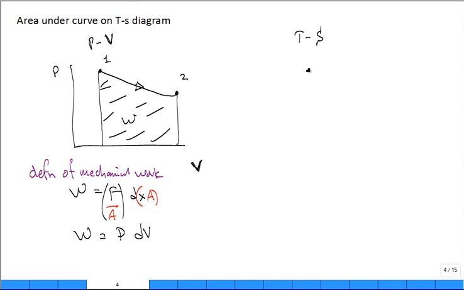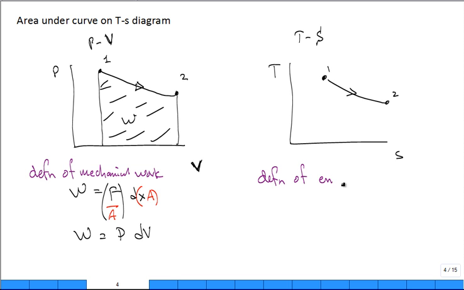We look over at the temperature entropy diagram, and we have a process from state 1 to state 2. 1 to 2. And we go back and we say, not the definition of mechanical work, but what is the definition of entropy? What was the definition of entropy?